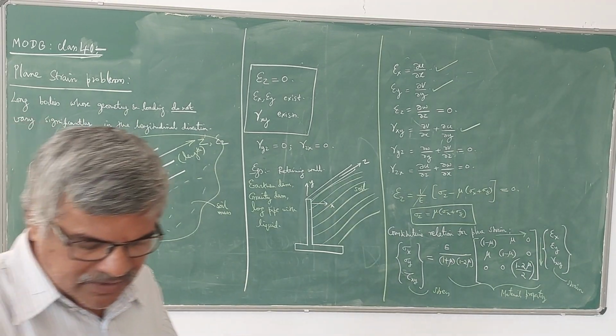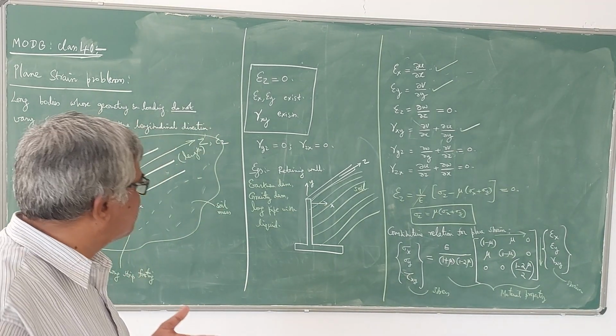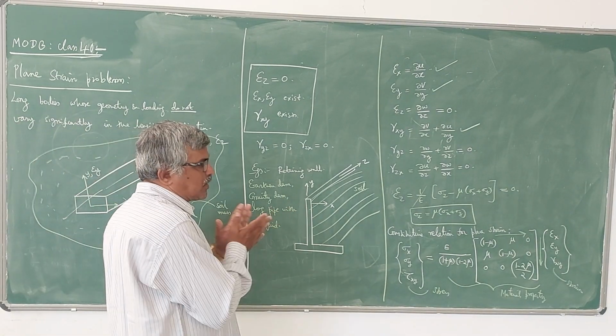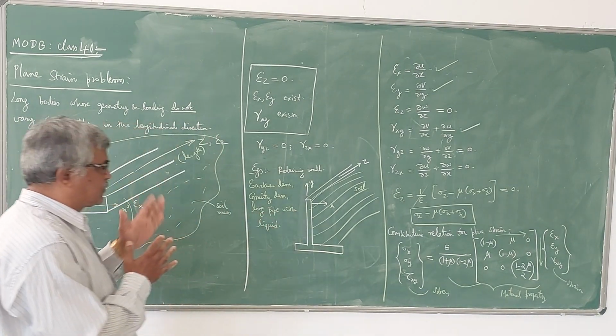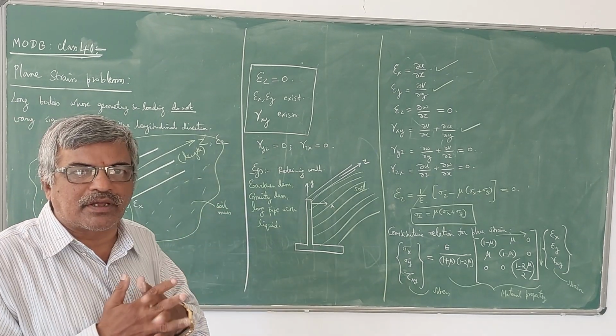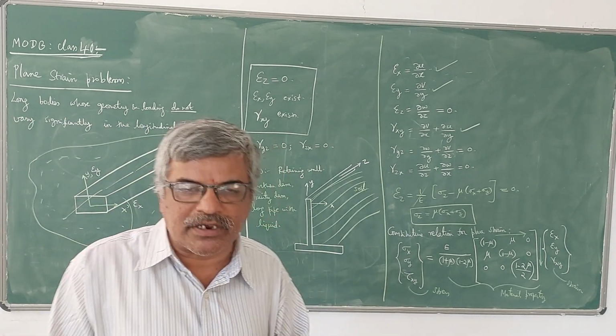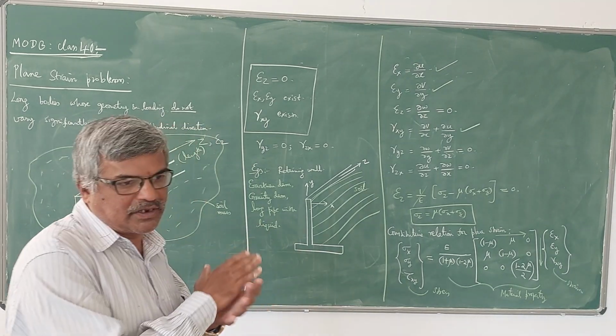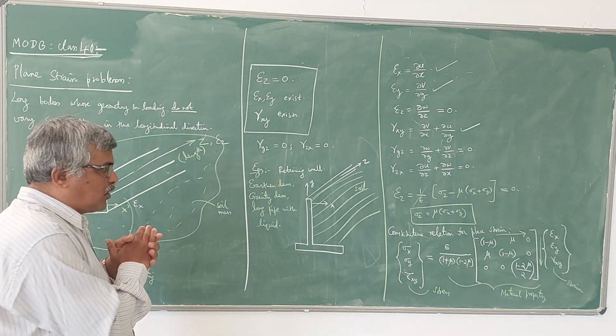So if they ask in the examination to distinguish between plane stress and plane strain problem, you have to write these equations with examples. In some of the problems in elasticity, 3-dimensional problems can be reduced to 2-dimensional. That is the advantage. I have given an example.